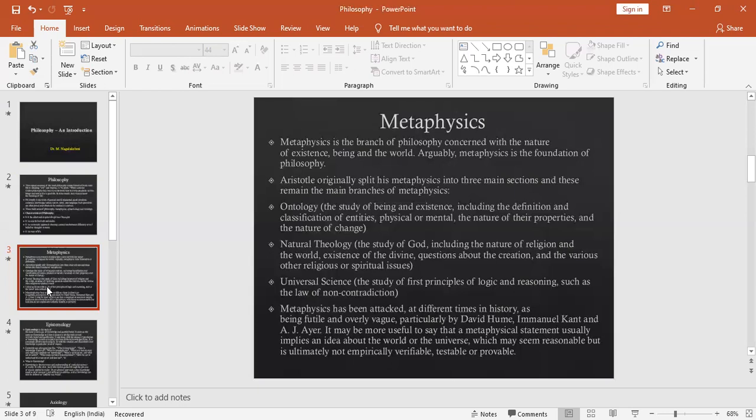Metaphysics has been attacked at different times in history as being futile and overly vague, particularly by David Hume, Immanuel Kant, and A.J. Ayer. So they have given three names here of those who attacked it. It may be more useful to say that a metaphysical statement usually implies an idea about the world or the universe, which may seem reasonable but is ultimately not empirically verifiable, testable, or provable.